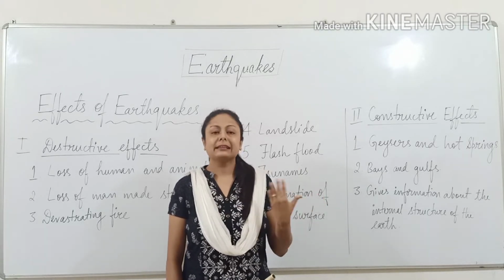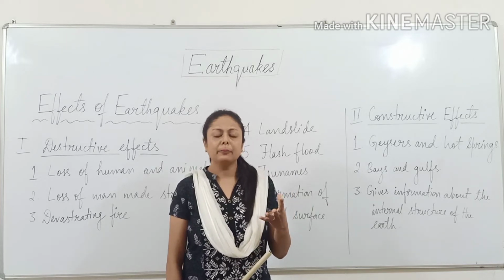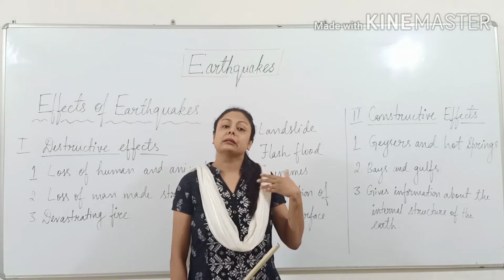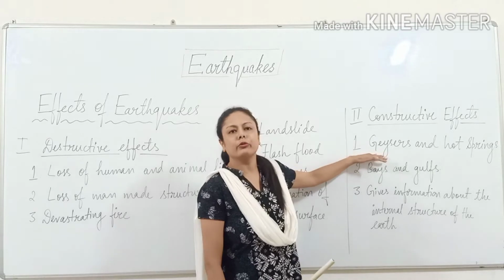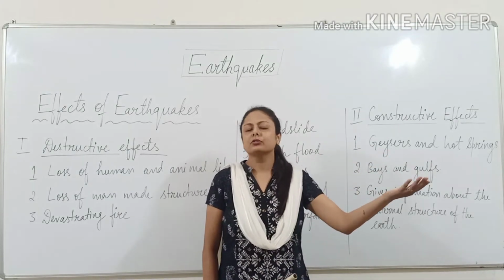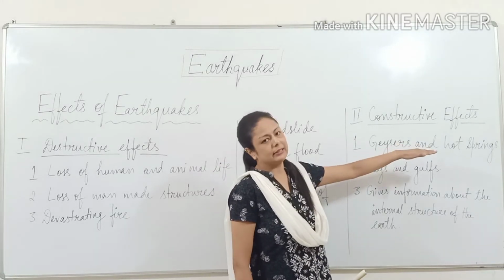Underground water, when it comes in contact with volcanic lava or magma, acquires heat, and the temperature of the water increases. Due to a sudden movement in the earth's crust, when cracks appear, this water can come out to the surface of the earth in the form of a hot spring or geyser.